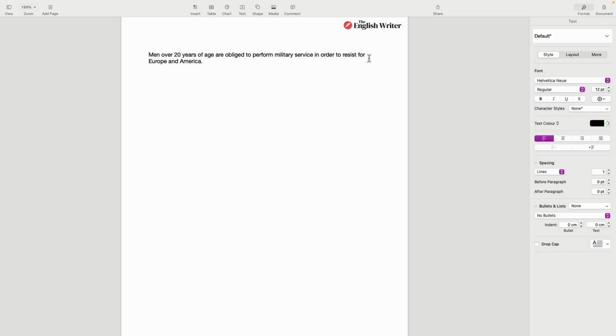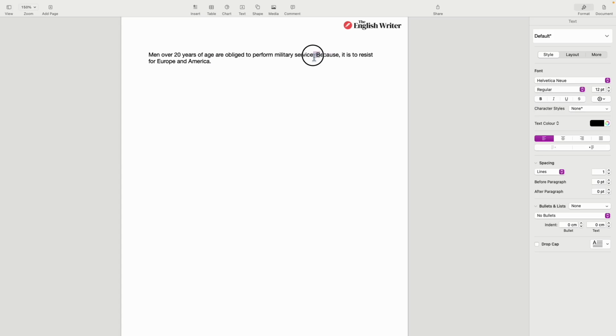And you don't resist for, by the way. You don't need that preposition. You resist something. Resist Europe. Resist America. Resist pressure. So in order to resist Europe and America, that would be better. But however, we're going to keep the because that's what our student wrote and that's what we're correcting today.